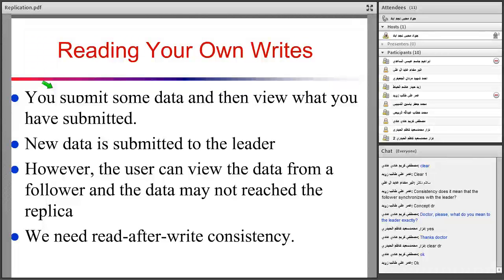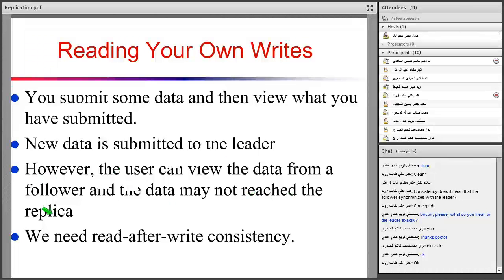So we need read-after-write consistency, because we submit some data and after that we want to see what we have submitted.